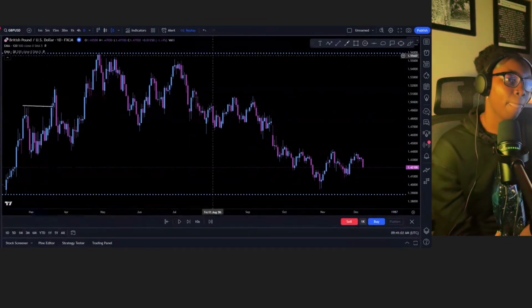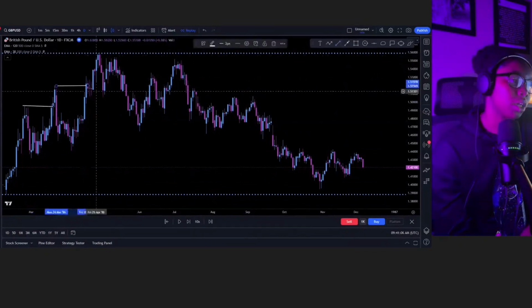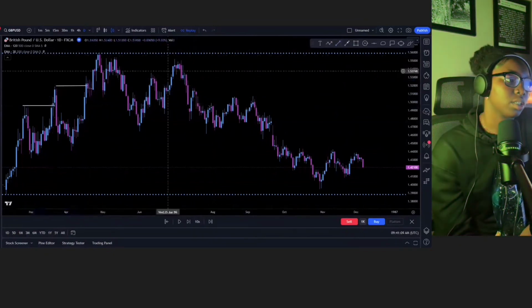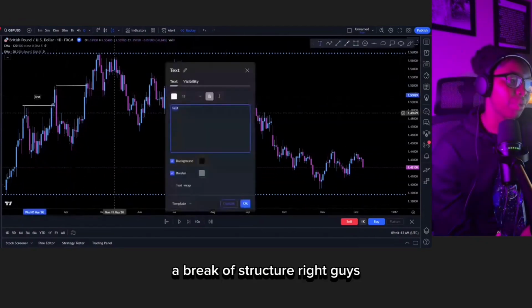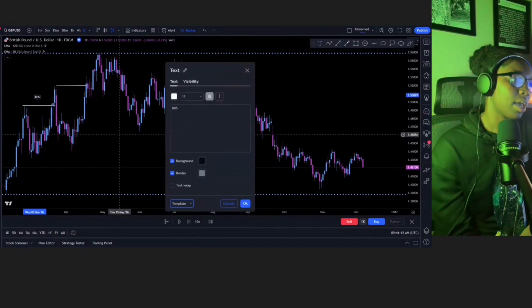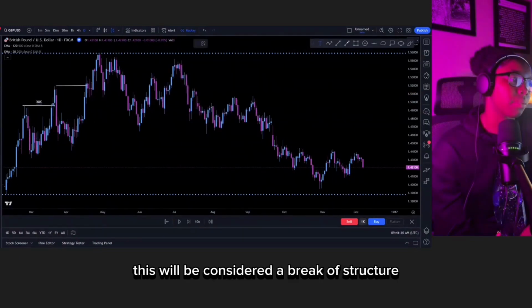So here we have a break of structure. This will be considered a break of structure, right, guys? And this will be considered a break of structure.